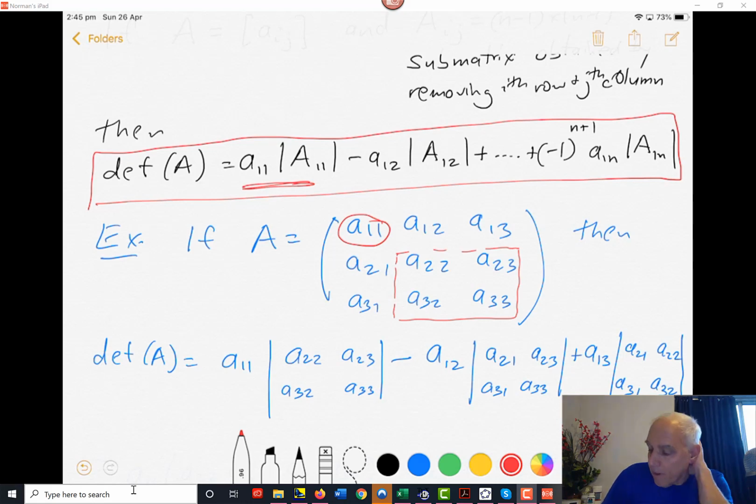Now, this determinant of this 2x2 block consists of a lot of terms, each of which consists of a product of elements, one in each row and column, like maybe this one times this one, or maybe this one times this one.